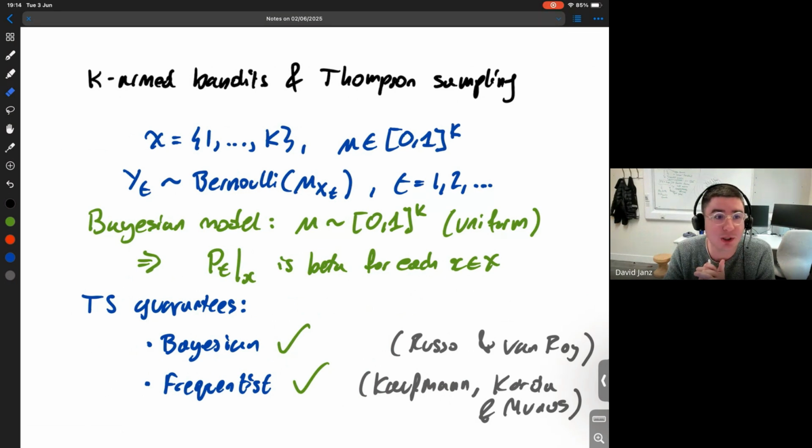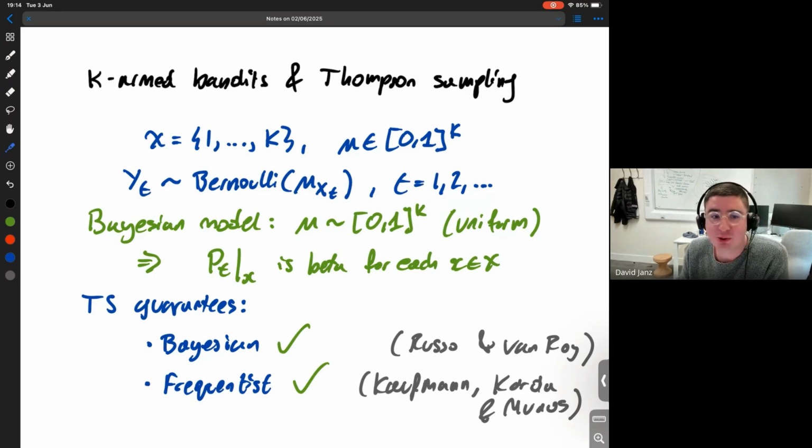In that, we have k arms, we have a mean vector in [0, 1]^k, and we model the rewards as being Bernoulli's with mean given by mu indexed at the selected action.